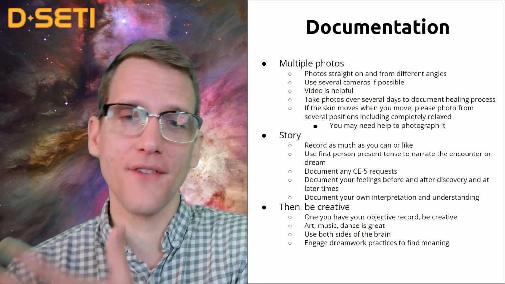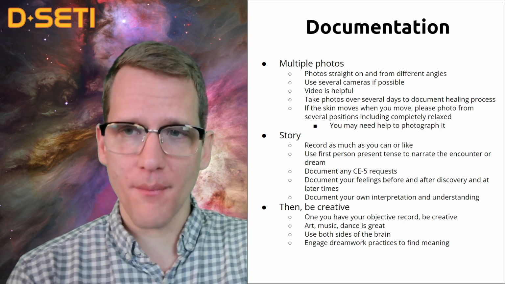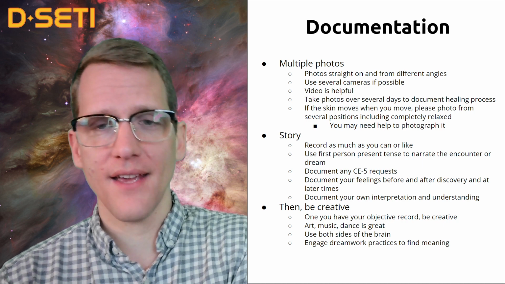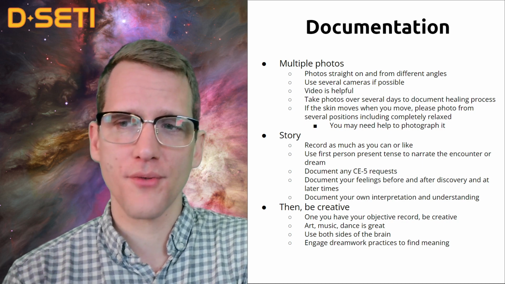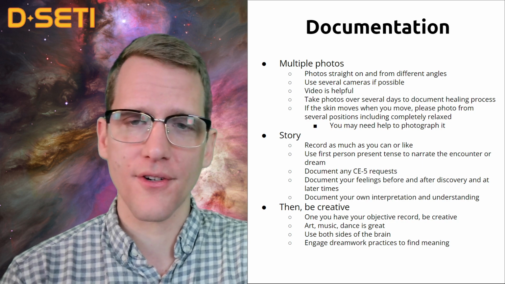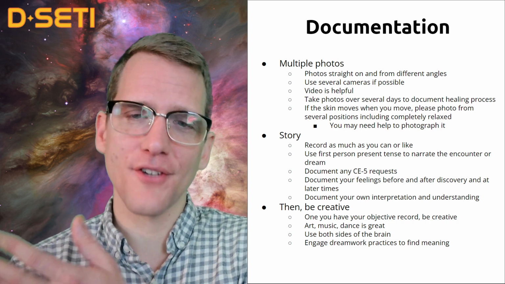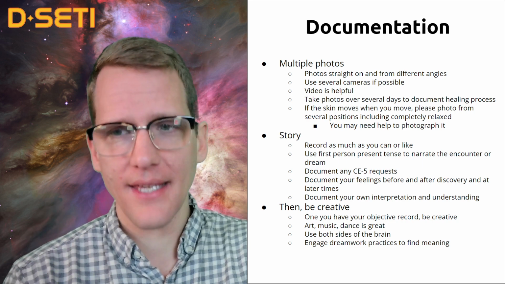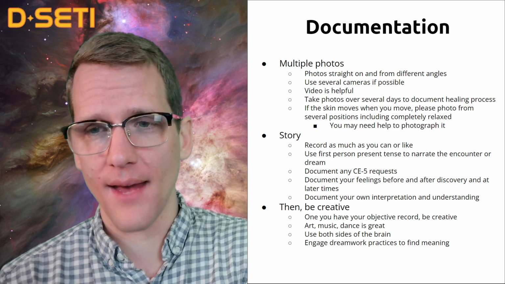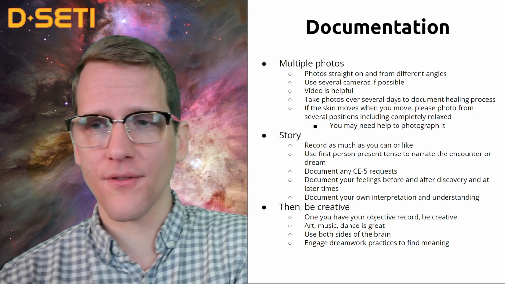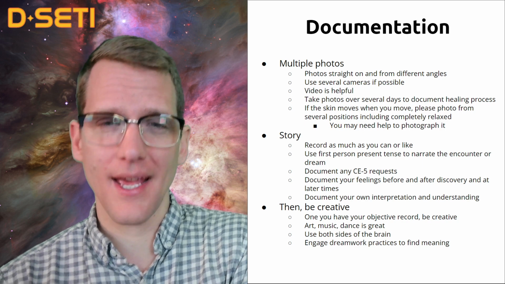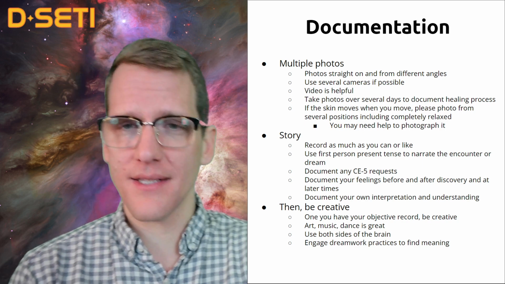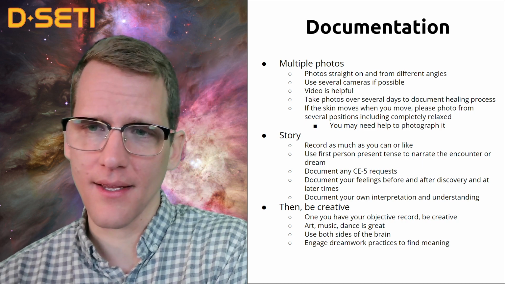In addition, you've got a story, so record as much as you can. If it's a dream, use the first person present tense to narrate the encounter or the dream like you're telling a story. Document any CE5 requests that you might have made. Document your feelings before, during, and after discovery and at later times, because that's helpful to see how you're integrating.